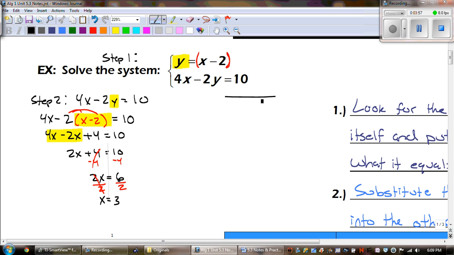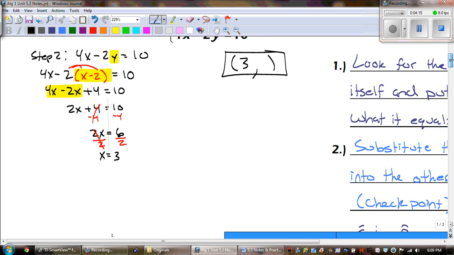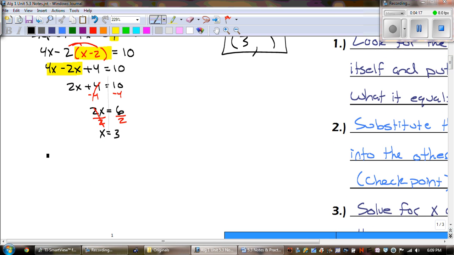Okay, now remember that we're trying to find a point where these work. That's just my x point. I still need to know what my y is. And to find the y would be step 3. Okay, so we solved for x, and now we're going to go to step 3.